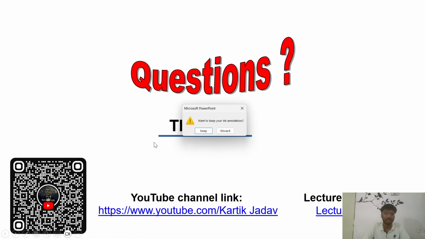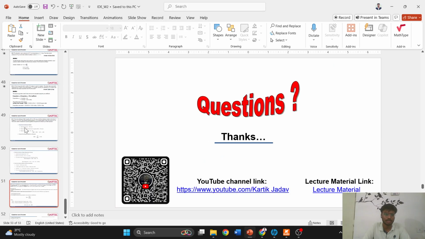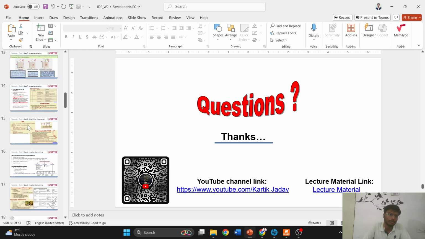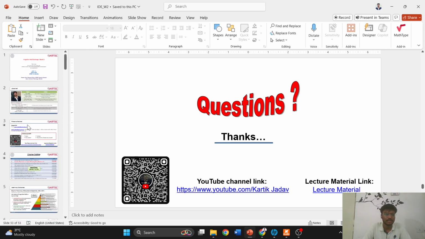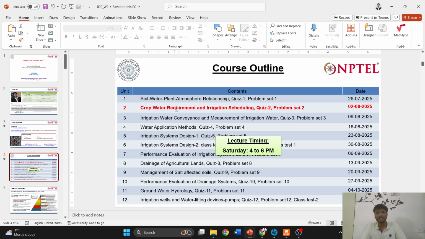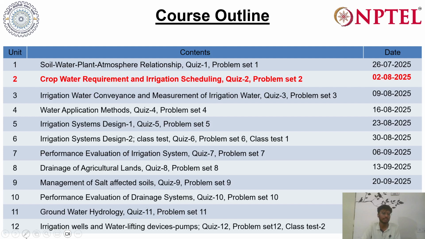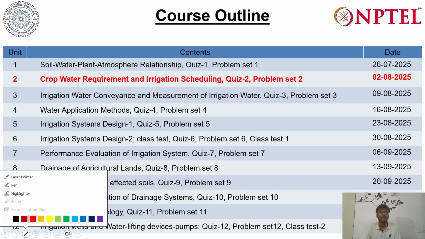Before we close up, let me quickly recap what we have done in this lecture. We have talked about crop water requirement. Crop water requirement is basically the water requirement from evapotranspiration. Whatever evapotranspiration is happening from any surface, that is basically crop water requirement.